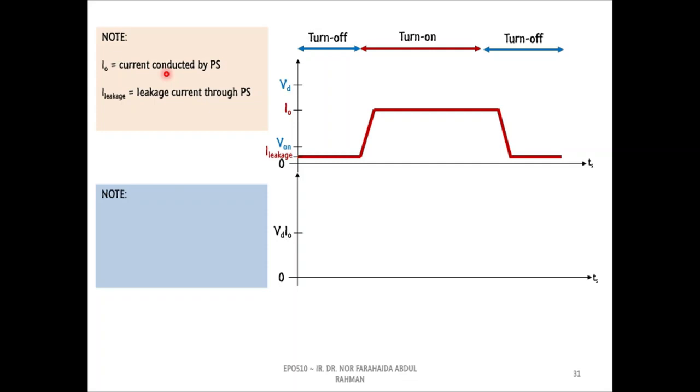Subsequently, we can sketch the waveform of voltage blocked by the power switch during the off state and voltage drop or on state voltage during the on state as follows.